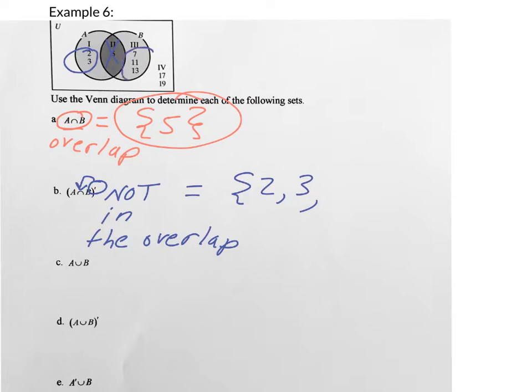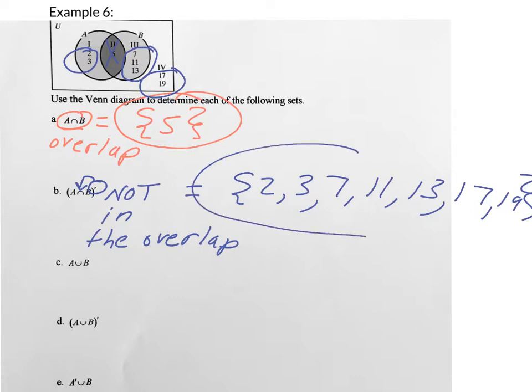We also got 7, 11, and 13. And don't forget about we got 17 and 19 as well. Again, ignore the Roman numerals. They're not elements, so they're not going to be part of the final answer here. So we get a really long answer. We get the set with 2, 3, 7, 11, 13, 17, and 19 is everything outside of the intersection.